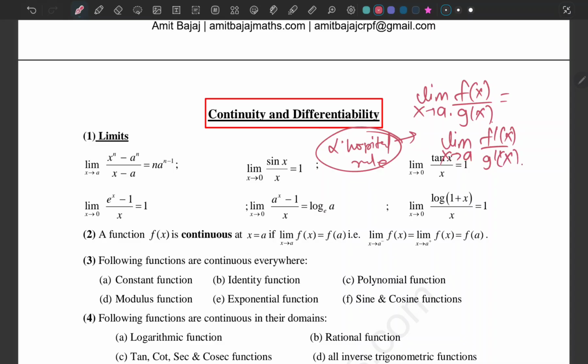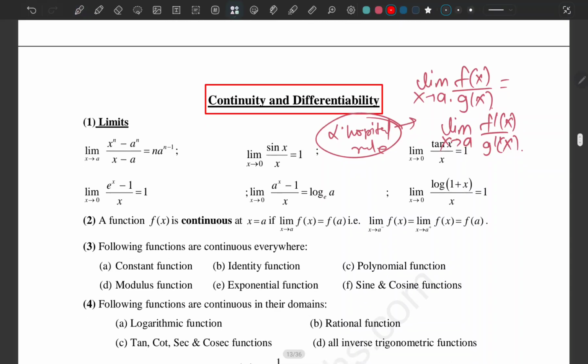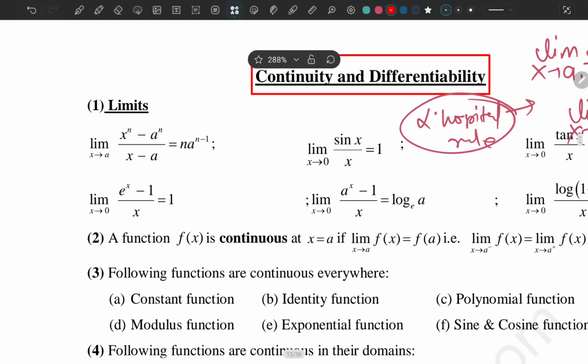You take the derivative of the upper function and the lower function, and you can take the derivative multiple times, as many times as the function needs to be differentiated. It's up to you and your function.